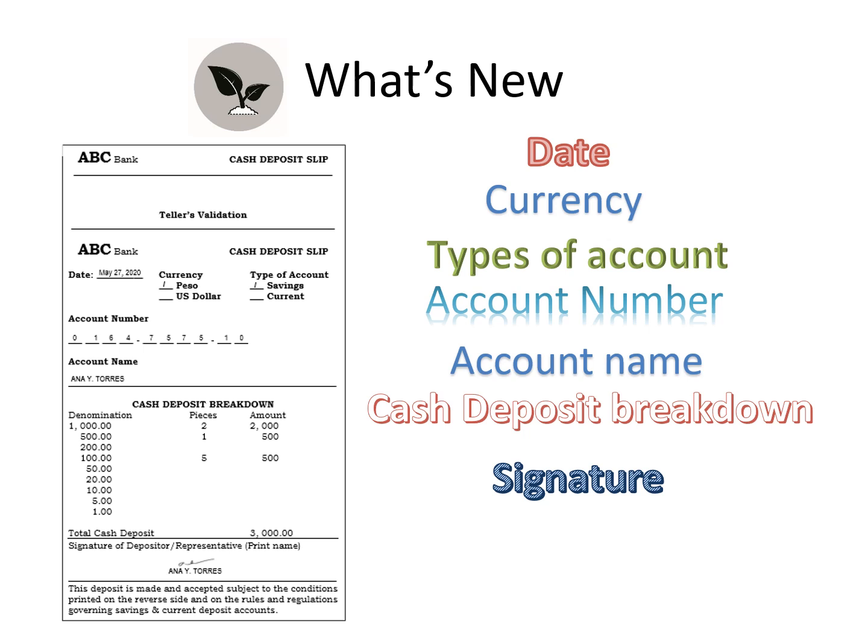Okay, the next one is the type of account. So again, you have two choices, savings and current. Okay, when we say saving account, it's one wherein you deposit your savings with the bank and earn interest. So ito yung kung saan dinideposit ninyo yung pera nyo at siya ay kumikita ng interest.